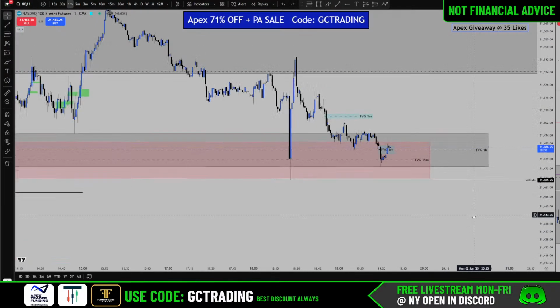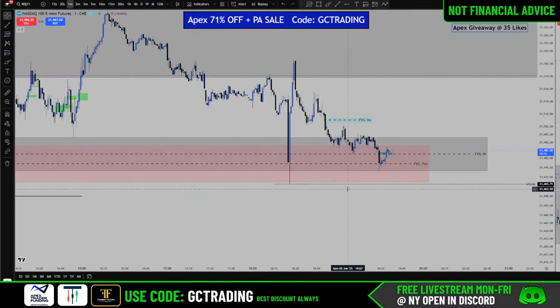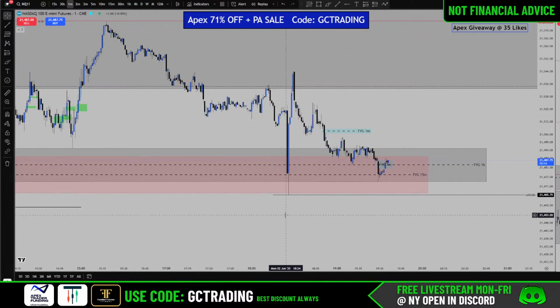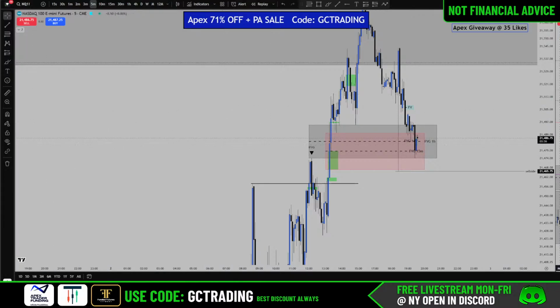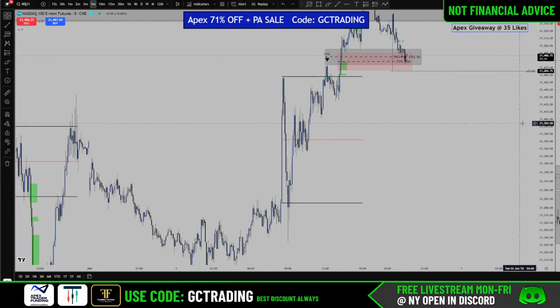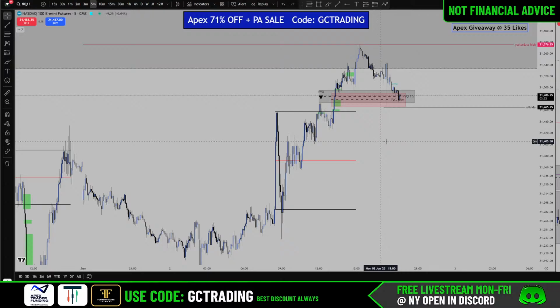All right, so NQ is a little bit lower, but that wick is lower too, that sell side. If we go look at the 5-minute right here, what does this look like out of all of your trading experience, just by looking at the shape of this?